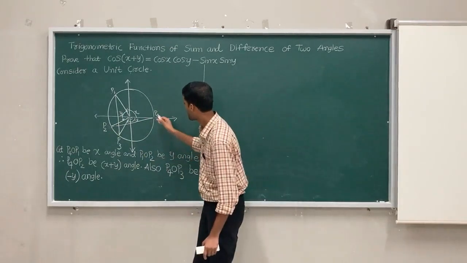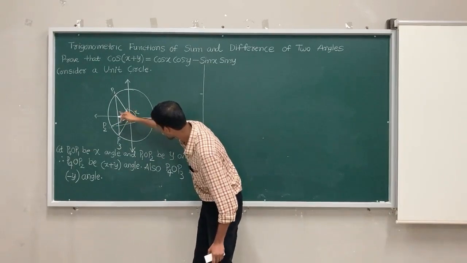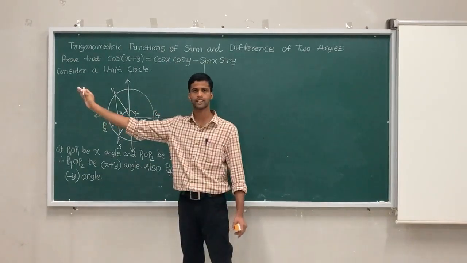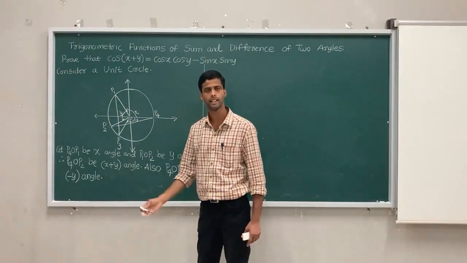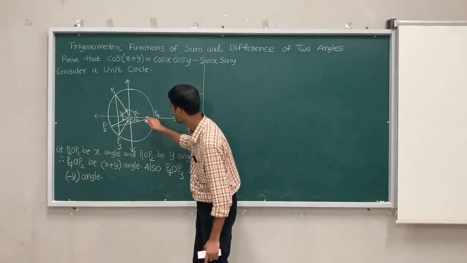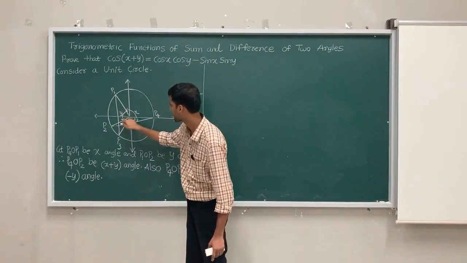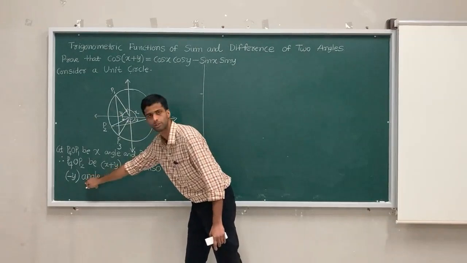Also P4OP3 means I have taken in this direction to prove my result. I have taken the clockwise direction. So clockwise, as I told in my first video lecture of trigonometry, clockwise means negative angle, anti-clockwise means positive angle. Therefore P4OP3 I have considered in a clockwise direction. So that is exactly opposite to angle y. Therefore that angle would be minus y.